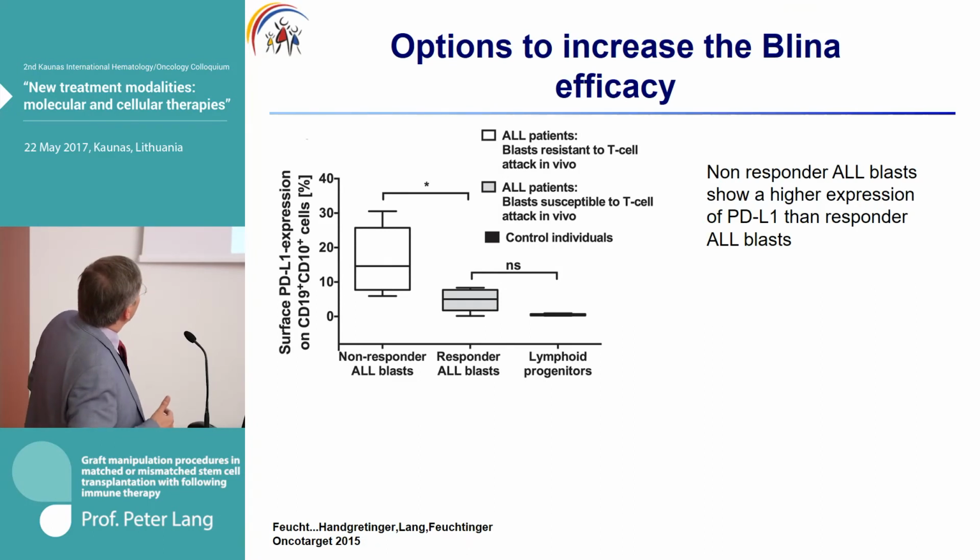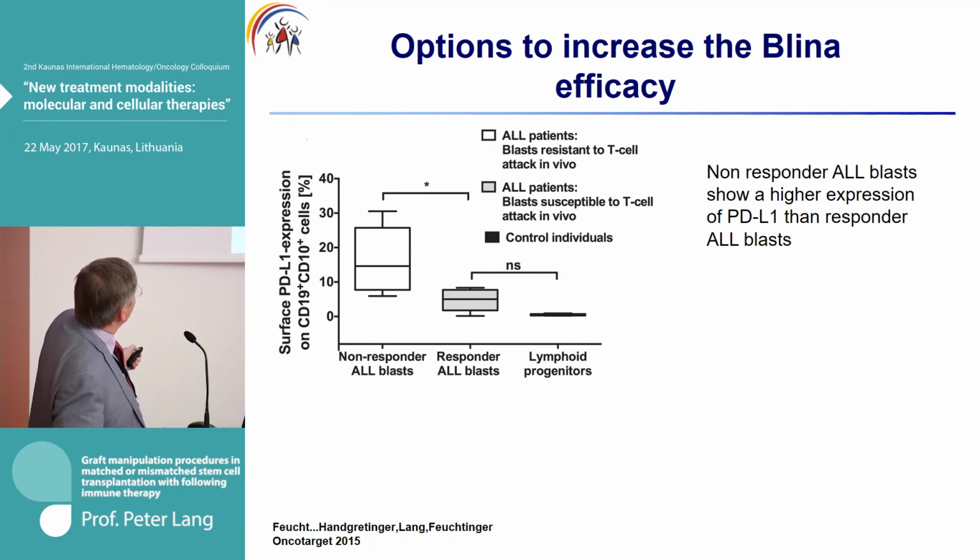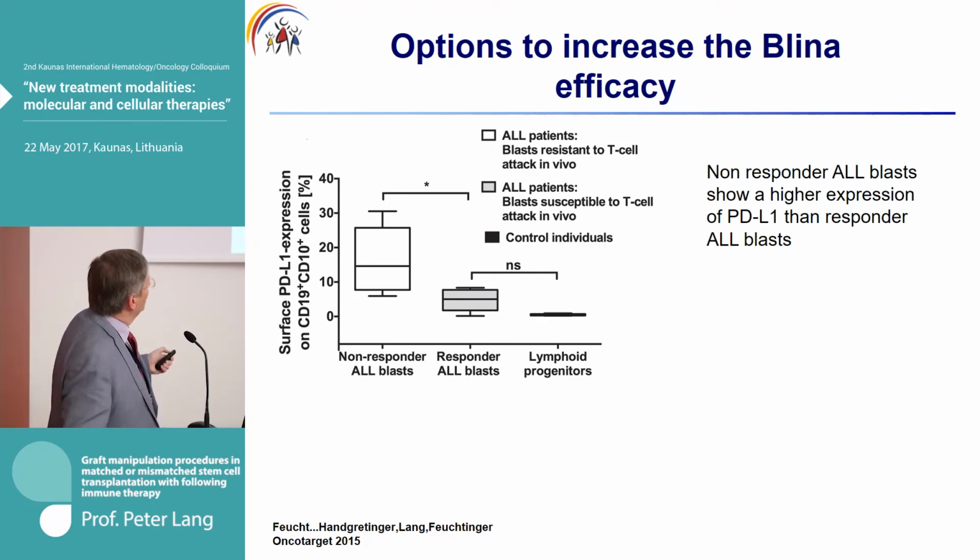And this is an interesting option to increase the blinatumomab efficacy. You can see here the surface PD-L1 expression on blasts of patients who did not respond and on blasts of patients who did respond. And we could show that ALL blasts from non-responding patients had a higher expression of PD-1 ligand than those of patients who responded.